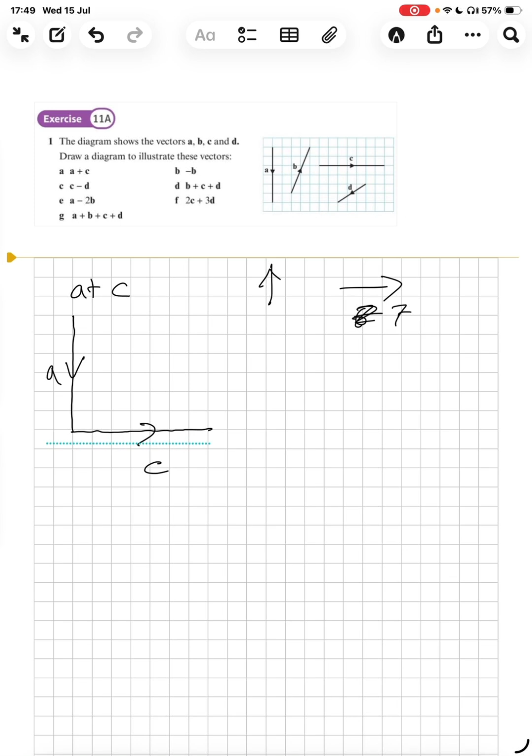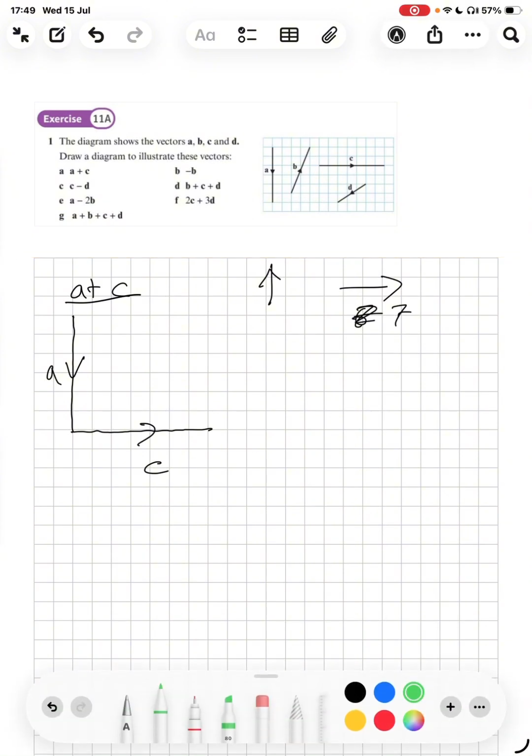The vector a plus c, if we think of it as a then c, is imagine if you were an ant going across this diagram, you'd go down a, then across c, which is the exact same as starting here and ending here. So that is your vector a plus c.